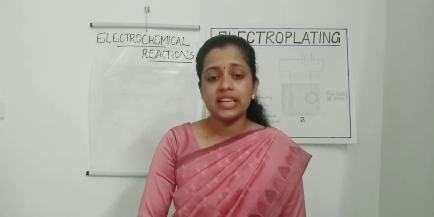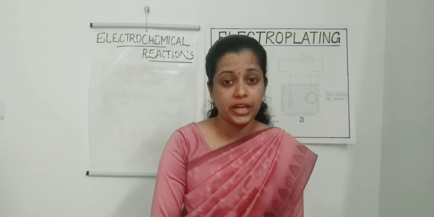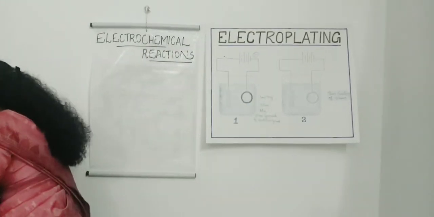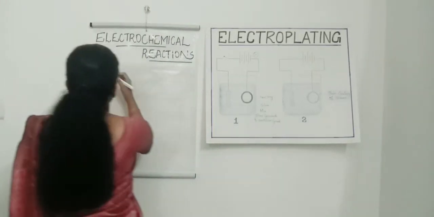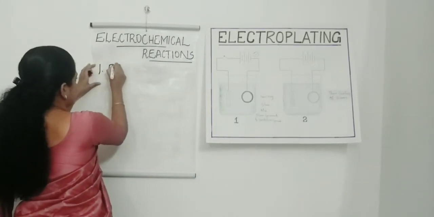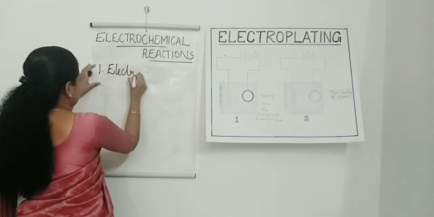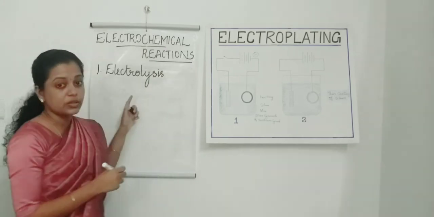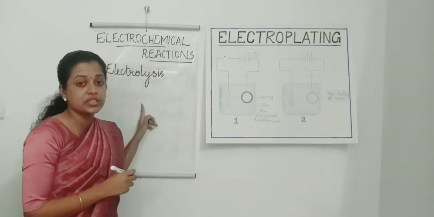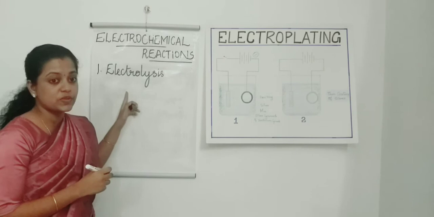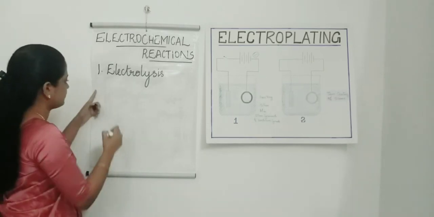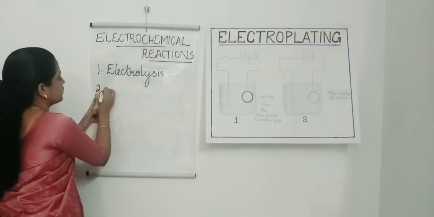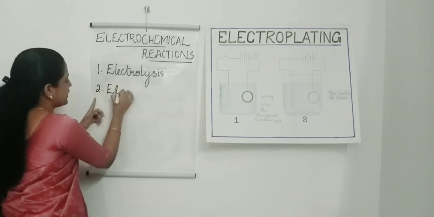So we can just recap what we have studied today. The first one we have studied is electrolysis, the process in which electricity is absorbed in a chemical reaction. The second one was, yes, very good, electrochemical cells.